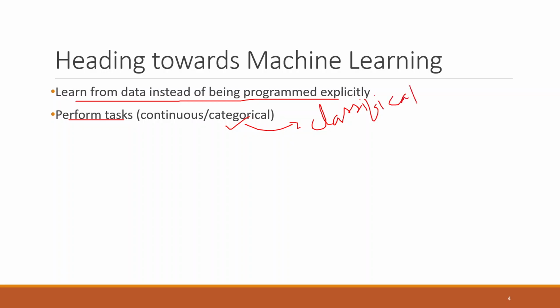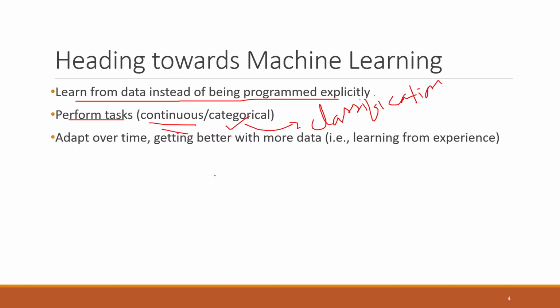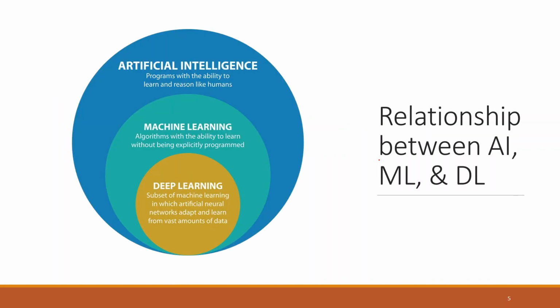If the outcome is continuous, the task that is performed is regression. Our target for such agents is that they should adapt over time and provide better and better results by learning from the data or from experience.